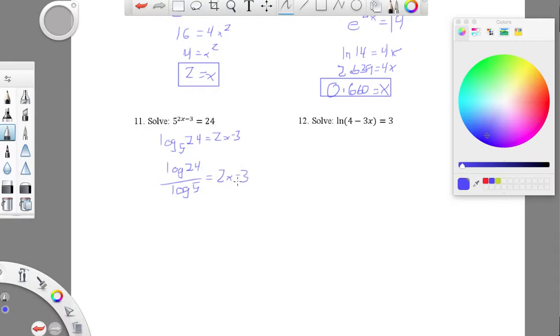If I take the log of 24 divided by the log of 5, that's going to give me the value of log base 5 of 24, which in this case is 1.975. And here I'm going to add 3 to both sides, divide by 2, and what I end up getting is 2.487 equals x.